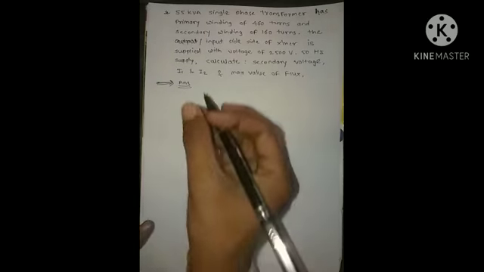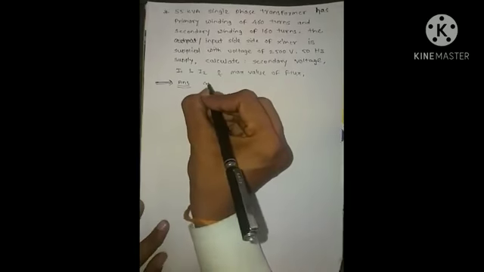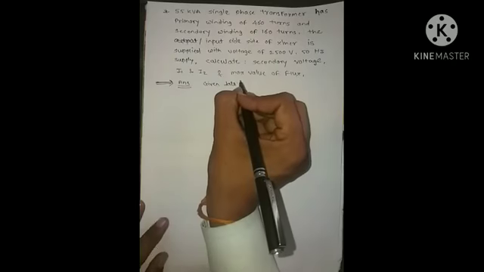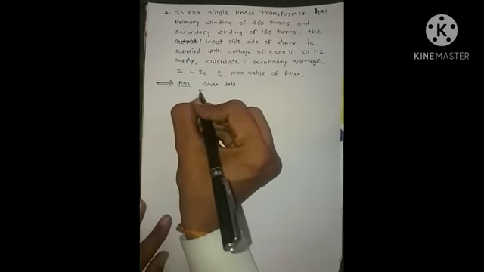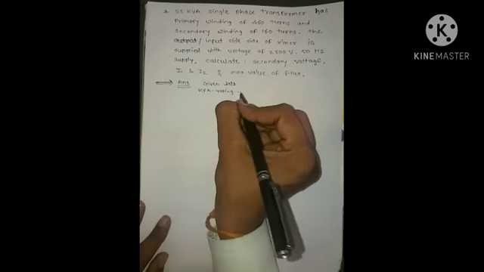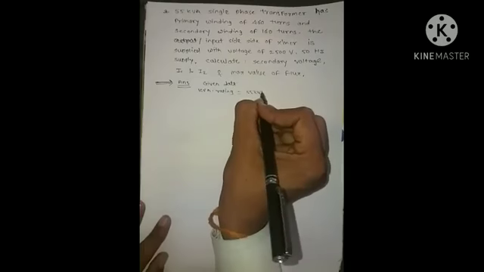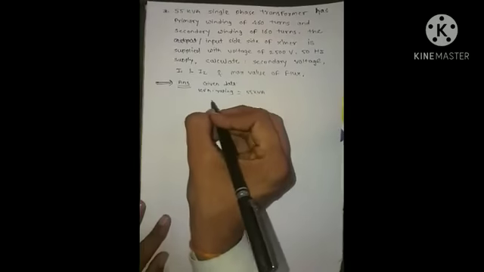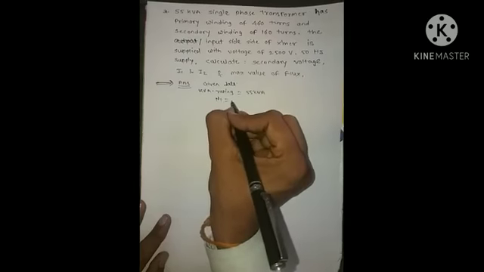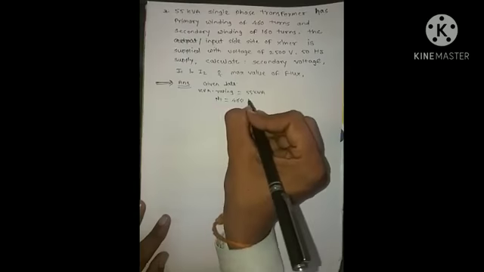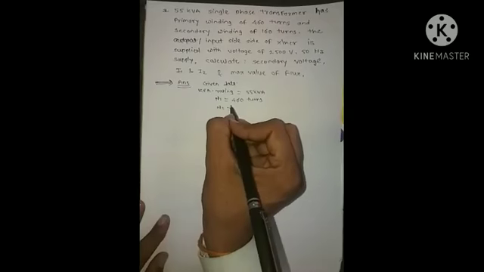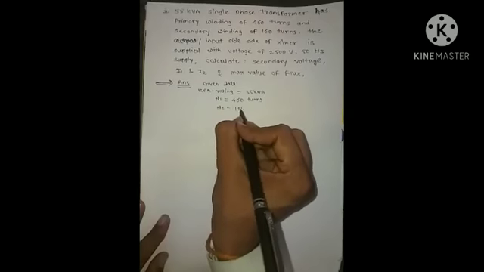First of all, we have to write the given data, and the given data is kVA rating is 55 kVA. After that, N1 is given 460 turns, whereas N2 is given 160 turns.